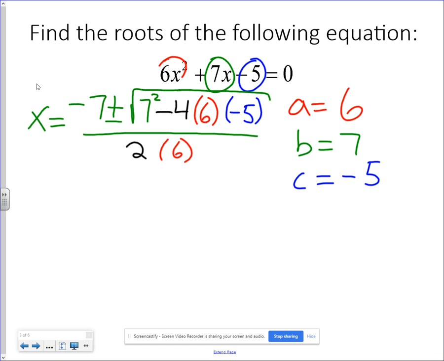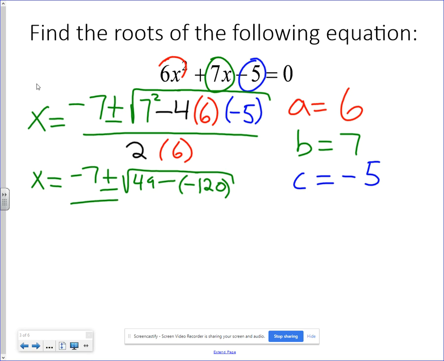So this then gives us x equals, we can't do anything with the 7 yet, so we'll just have -7 plus or minus. So 7 squared is 7 times 7, which is 49, minus, we have 4 times 6, which is 24, and then 24 times -5 will be -120. And that's all over 2 times 6, or 12.